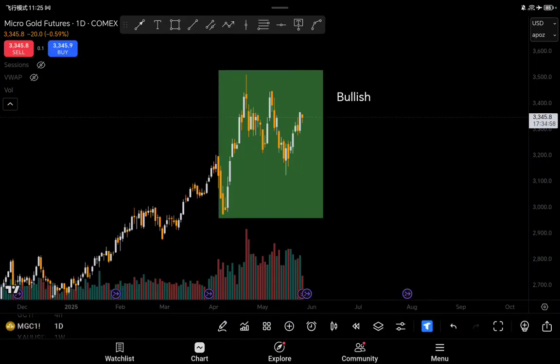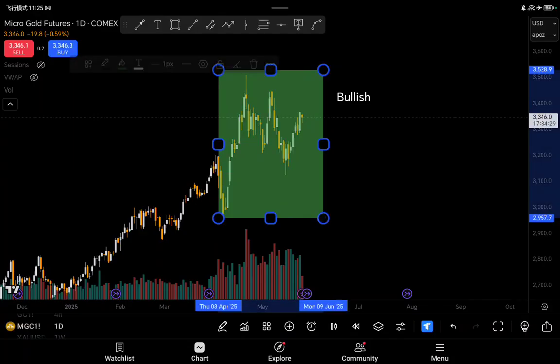So what we want to do is try to get an entry point that follows the main market movement. If you go counter trend, that means now it is bullish and you sell the market, that means you are looking for a market pullback to the zone, to the structure of the market phase.